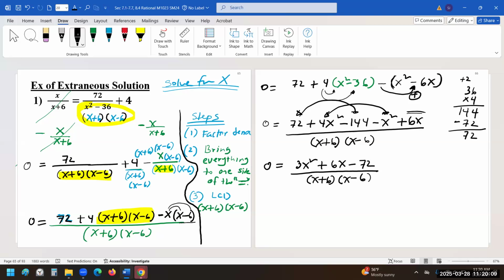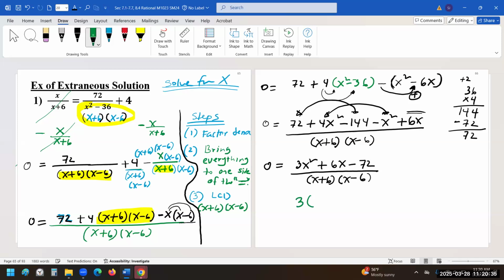What do you see? What are the coefficients? Daniel. And then? Exactly. So we have a GCF on the numerator. What is our GCF?